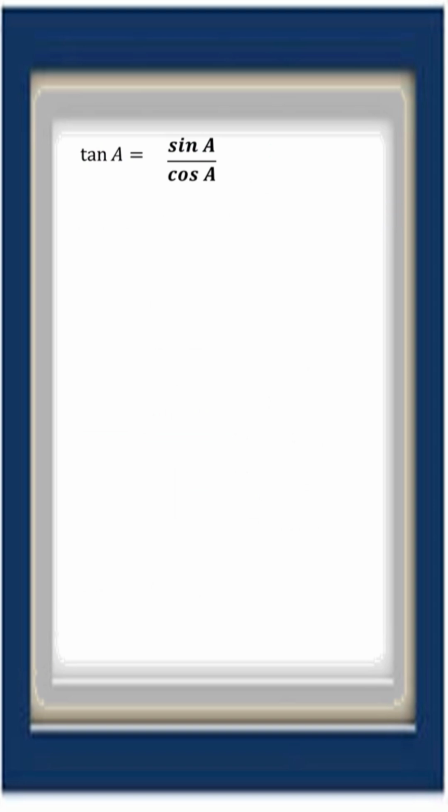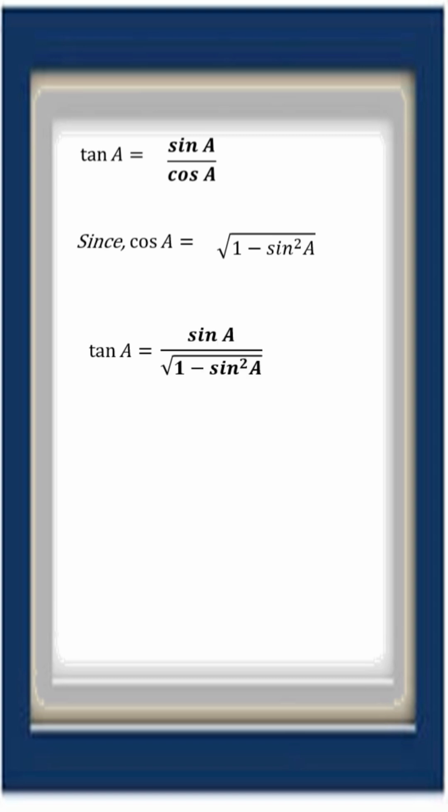In the answer, we should have only tan A, sin A, and 1. We should not have any cos A. But in our previous problem, we found that cos A is equal to square root of 1 minus sin square A. So now let us put square root of 1 minus sin square A instead of cos A. So tan A is equal to sin A over square root of 1 minus sin square A. This is the answer.